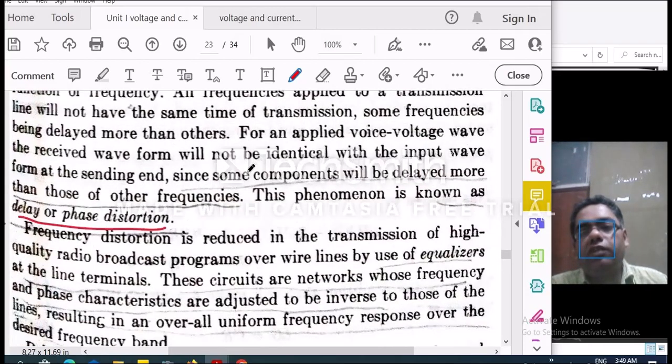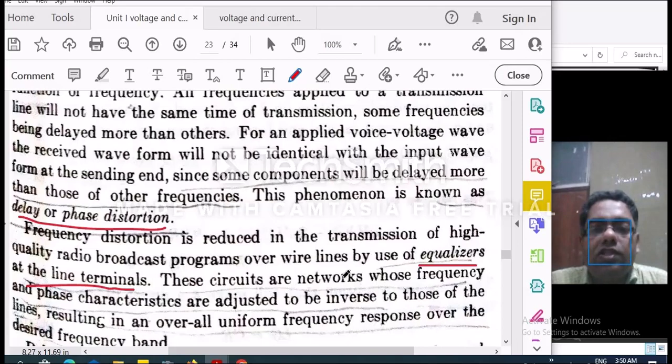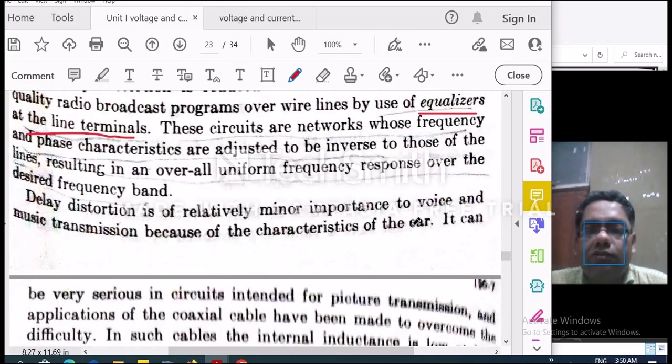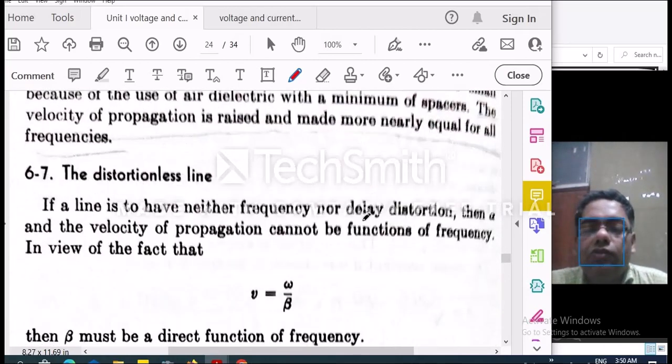Now frequency distortion can be reduced in a transmission line by the use of equalizers at the line terminal. These are networks whose frequency and phase response can be adjusted to be the inverse of those of the line, and that way we can avoid the frequency distortion. Now I want my transmission line to be distortionless.